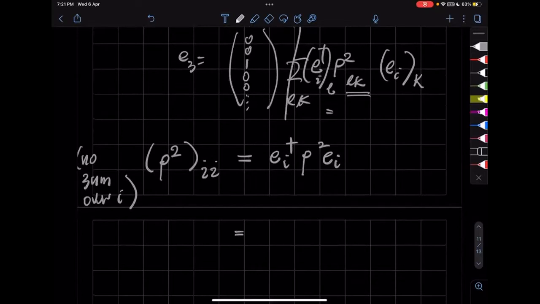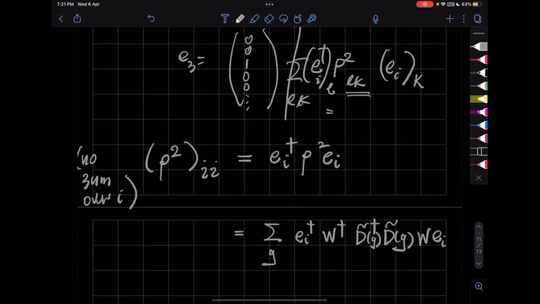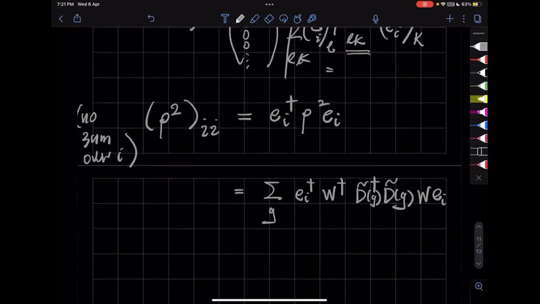After that, what we write is the sum over G of EI dagger W dagger D tilde dagger D tilde W EI. Remind you that this is what depends on G, D tilde. I've just written out the definition of rho squared.